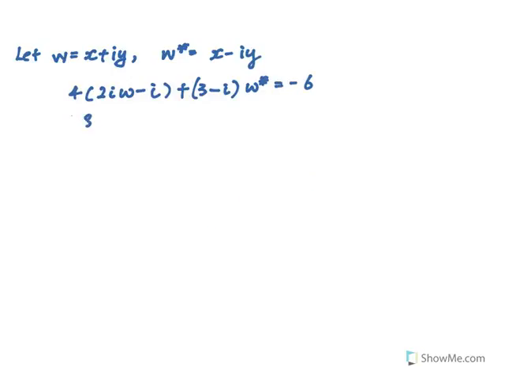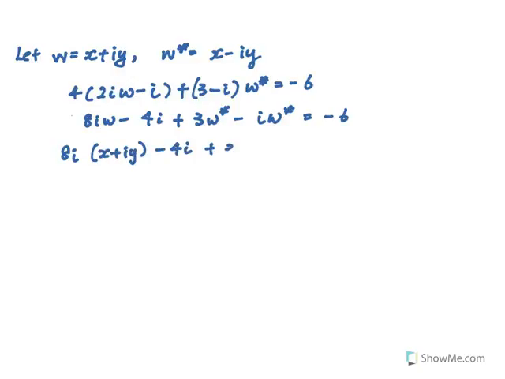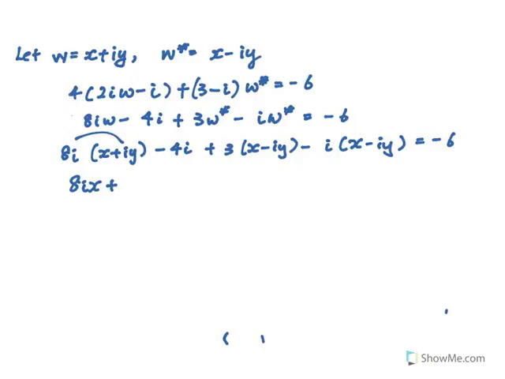It is 8iw* − 4i + 3w* − iw* = −6. Substituting, 8i(x − iy) − 4i + 3(x − iy) − i(x − iy) = −6, and I have 8ix + 8i²y, so it's minus 8y, and −4i + 3x − 3iy − ix + i²y, so it's like minus y.